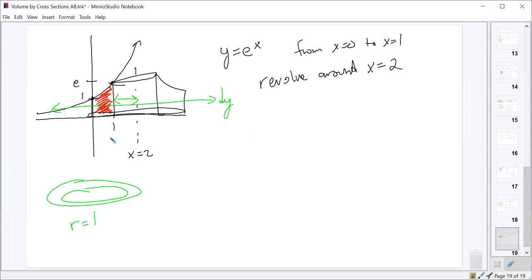Now, when we talk about our outer radius, is there one function that bounds the left part of our region for all of the y values from 0 to e?